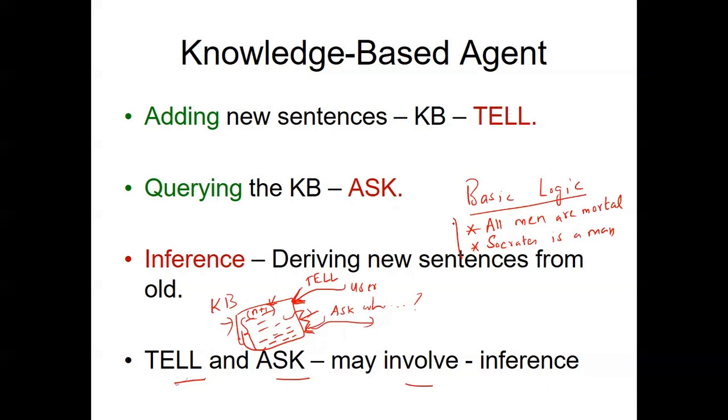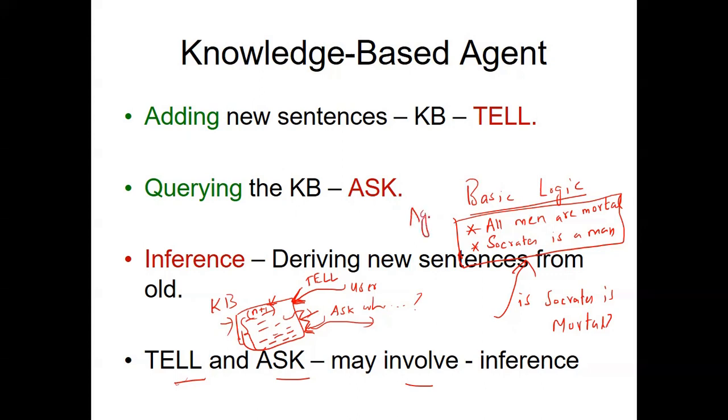Say these are already added to the knowledge base. Now say for example, you are asking the knowledge base, is Socrates mortal? You are asking whether he is mortal or not. Now there is no direct info available here whether Socrates is mortal or not. Only Socrates is a man is available, and also that all men are mortal.